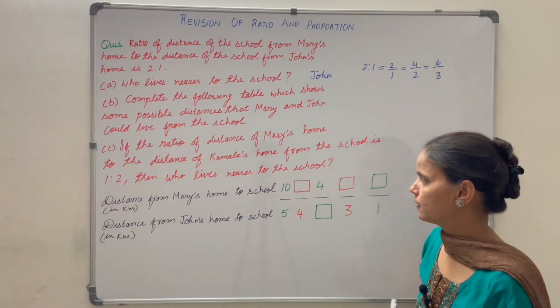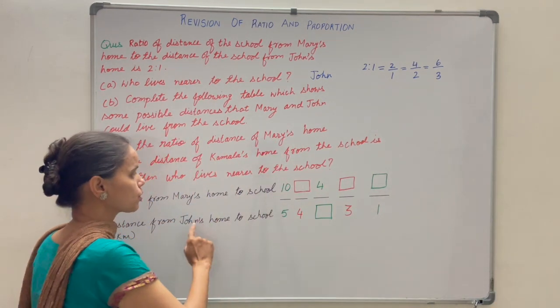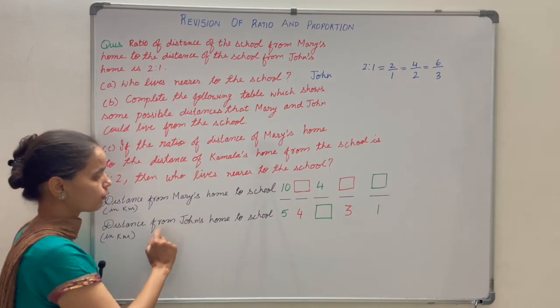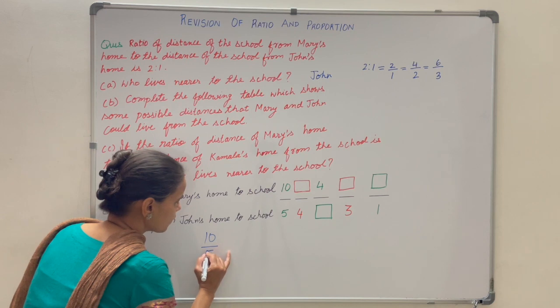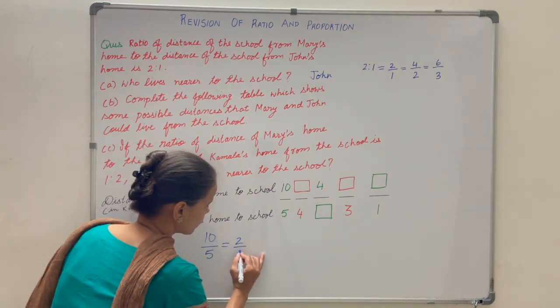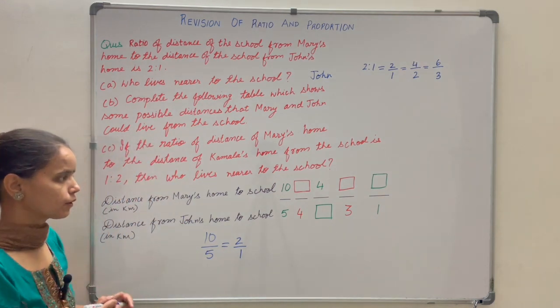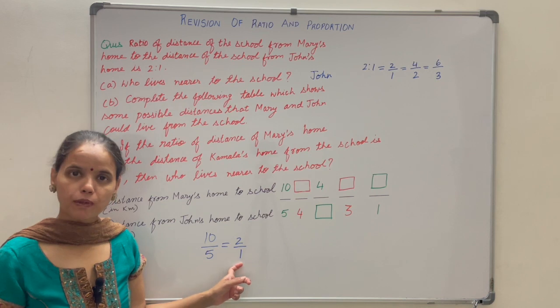Here the ratio of the distance from Mary's home to school to the distance from John's home to school is 10 by 5. In simplest form, if you divide both numerator and denominator by 5, you get 2 by 1. Here you can see the denominator is 4 and here the denominator is 1.